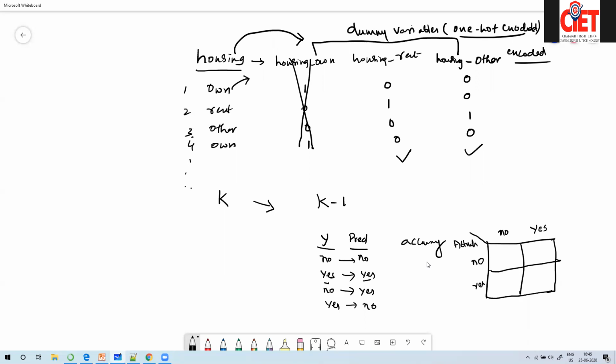If prediction is yes and actual is no, you count that over here. If prediction is no and actual is yes, you count that here. Okay, so that's called a confusion matrix. And confusion matrices are very important if you have to understand classification problems.